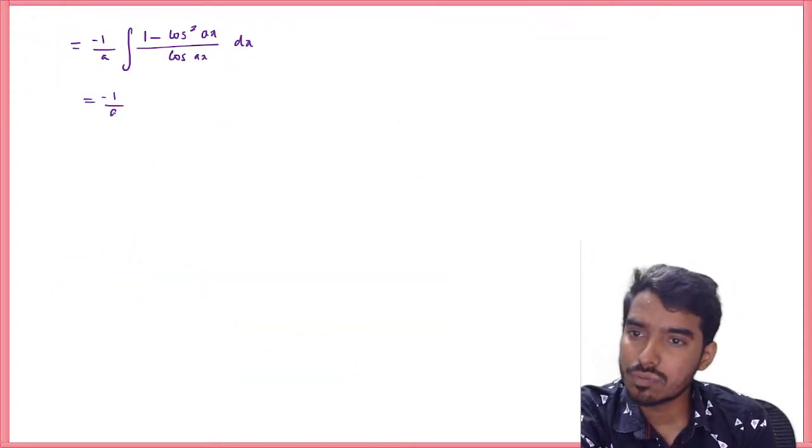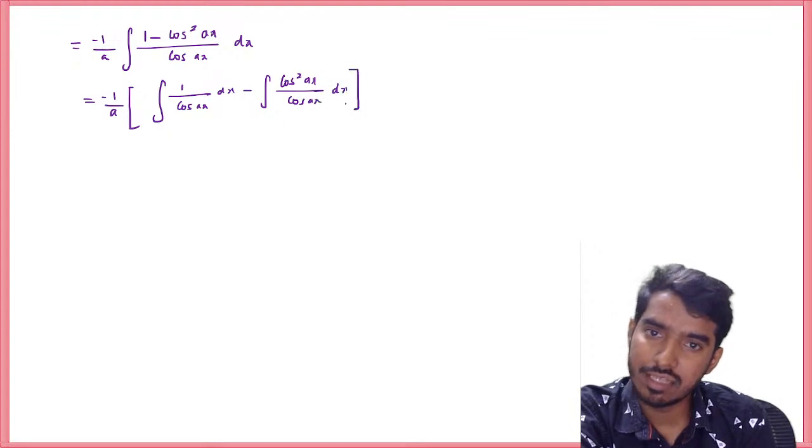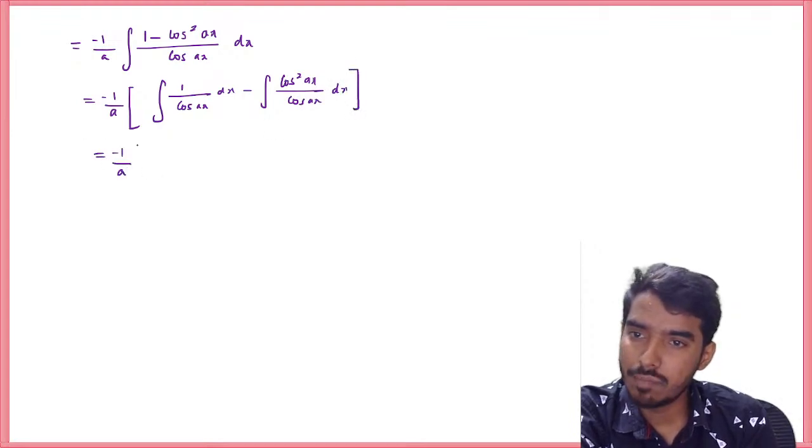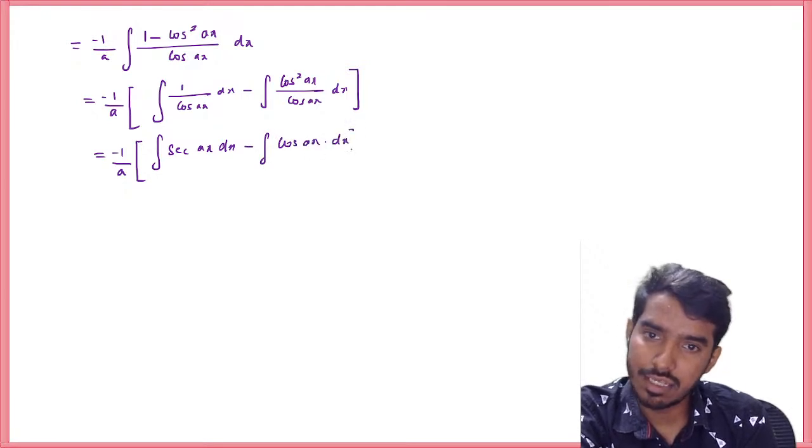Now, divide this separately. So we will have integration of 1 by cos ax dx minus integration of cos square ax by cos ax dx. This will be minus 1 by a integration of secant ax dx minus integration of cos ax dx.